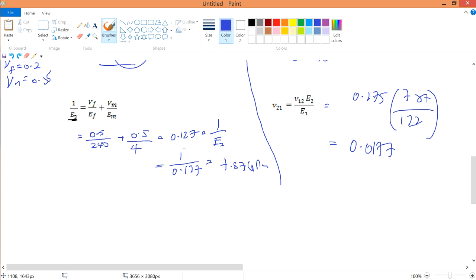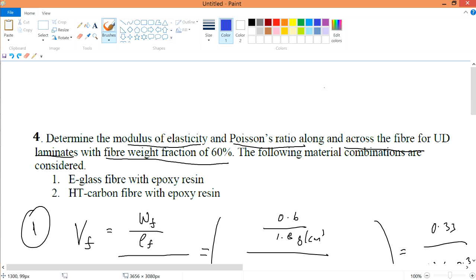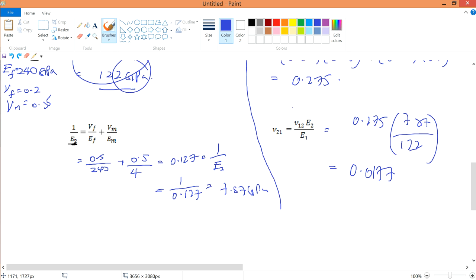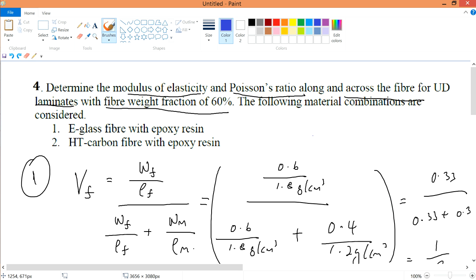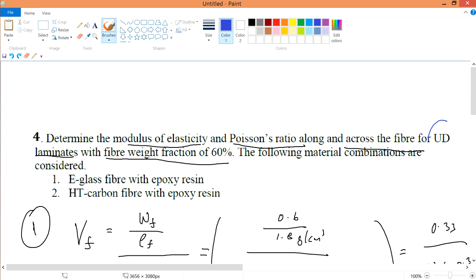This will also give you the answer for your Poisson ratio along and across the fiber for unidirectional laminate. Please take note of one thing: we are dealing with a unidirectional. If it's a bidirectional, your Young modulus is going to be divided by 2.